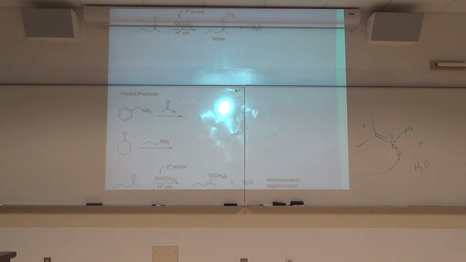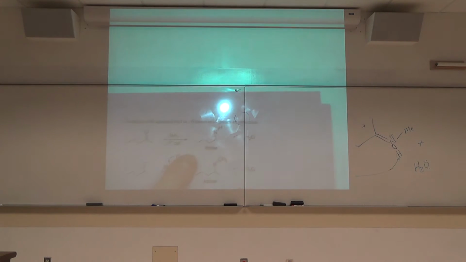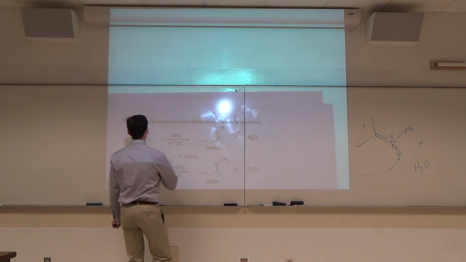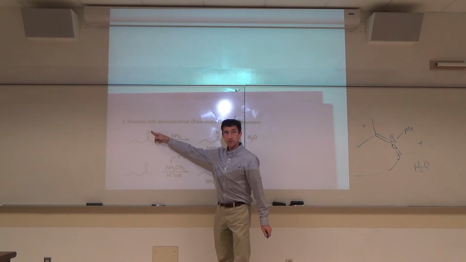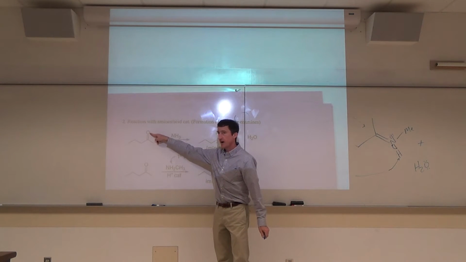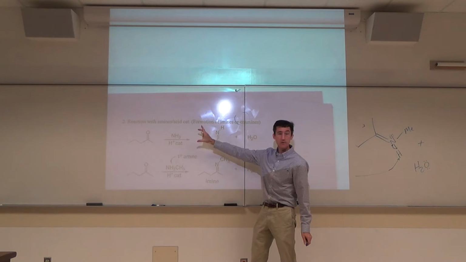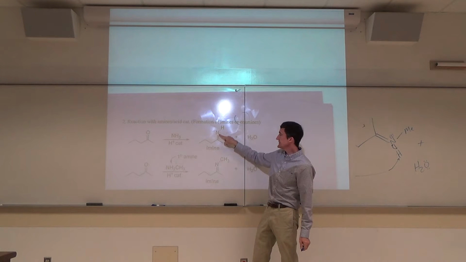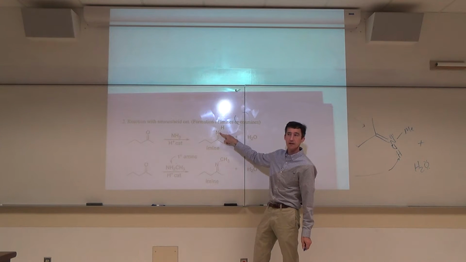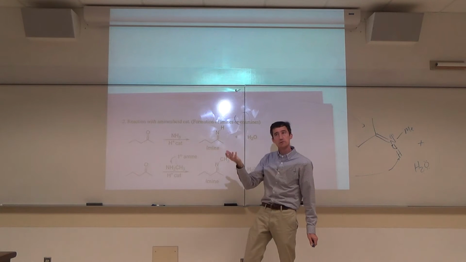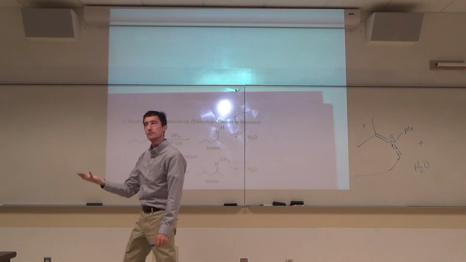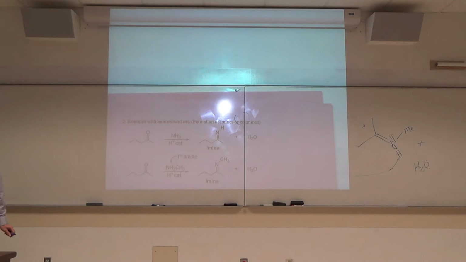I didn't say it like this, but an imine is essentially analogous to a carbonyl, except instead of an oxygen, it's a C double bond N. And since N takes one more bond, the nitrogen is going to have something bonded to it. So it's your carbonyl equivalent, but it's a nitrogen instead of an oxygen.